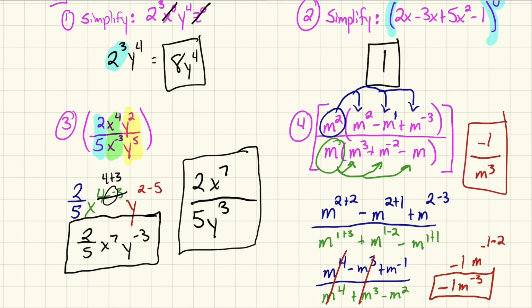That made life really easy for us to do it that way. And then as we got to our answer, it's kind of like everything else that we've done. We can either express our answer with the negative exponent, or we can rewrite it as a fraction and have all positive exponents.